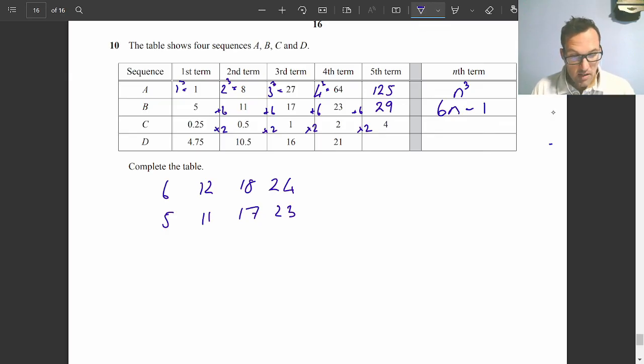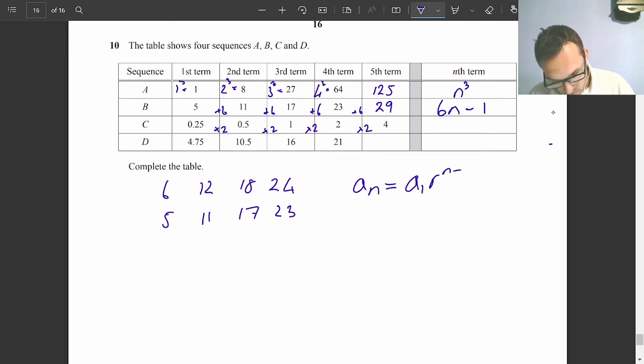For me, the easiest way that always works is to learn the formula. The formula is the nth term rule, an equals a1 r^(n-1). That a1 refers to the first term, and the r refers to the common ratio.